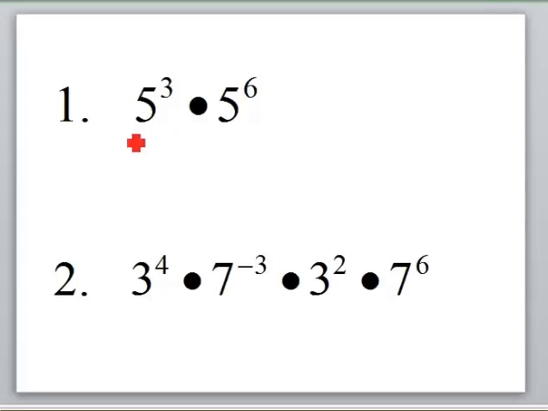what we really have here, and here's the logic behind it, we have 5 times 5 times 5, and then here we have 5 times 5 times 5 times 5 times 5 times 5, 6 times. So if I go ahead and place this times sign here between them, I now have 5 to the 9th power.